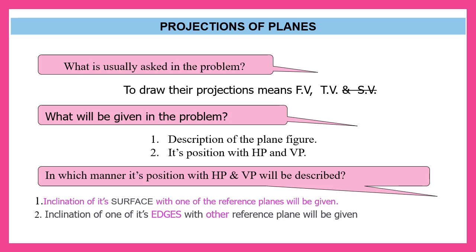These two details will be given, first the surface inclination and then the side inclination. You can see these are the types of problems usually available in the projection of planes.